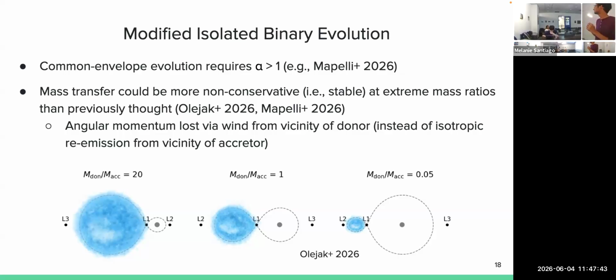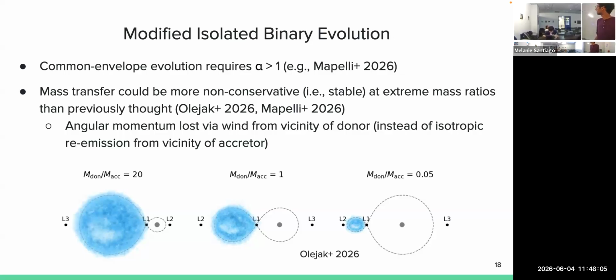And so at some point, when the donor star, which is very massive, starts losing mass, you just start losing it as a wind from the donor rather than feeding it to the companion. And so the companion doesn't actually accrete that much material. The mass transfer is quite non-conservative and it ends up being stable. You can even get self-accretion from the donor onto itself.